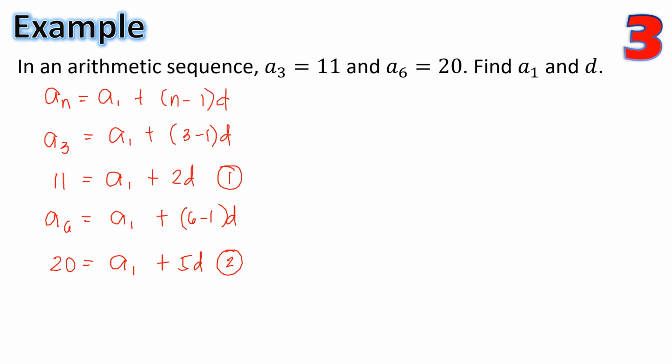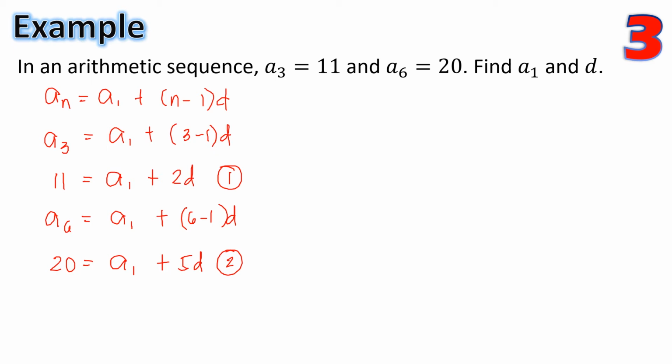Notice that in equation 1 and equation 2, we have two equations in two variables, a sub 1 and d. So to get the values of a sub 1 and d, we will use methods of solving systems of linear equations. In here, we're going to use elimination by addition or subtraction.